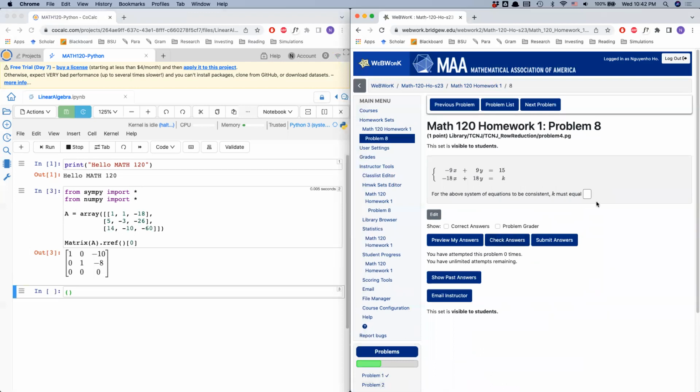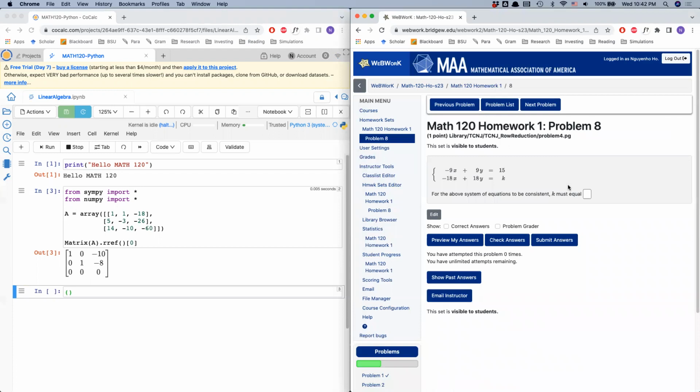For problem 8, a lot of people also have some issues here. You have a system of 2 linear equations. However, for the second equation, you have a parameter, or a constant k, that you need to find the value of. The question asks, for the above system of equations to be consistent, what is the value of k?